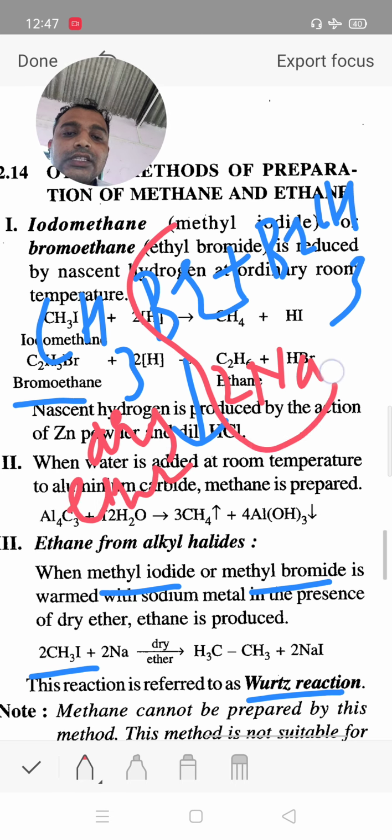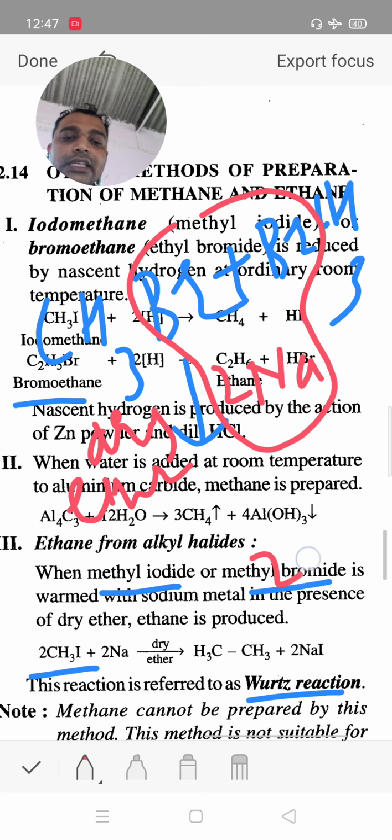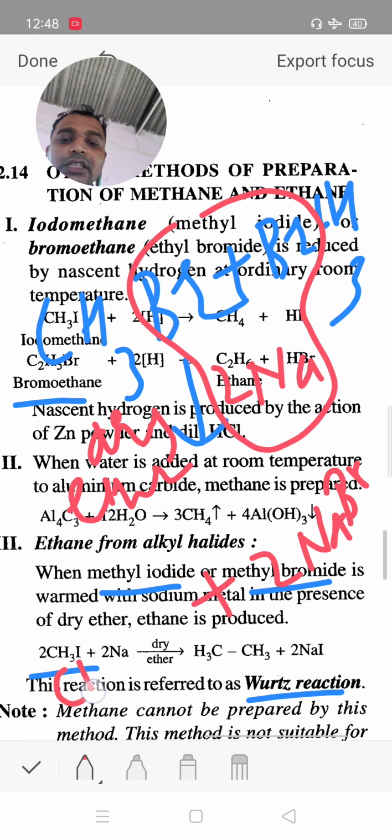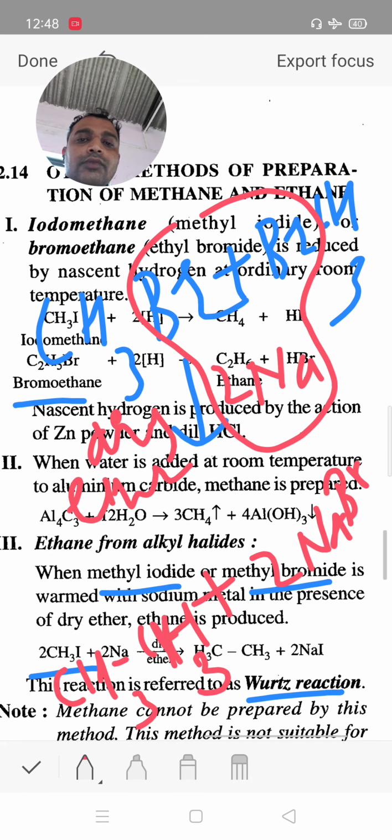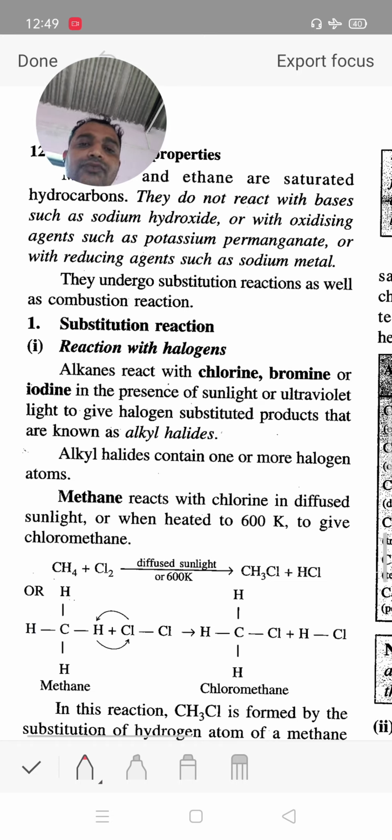In that, 2 NaBr is formed as a byproduct, and CH3 attaches with another CH3, forming ethane. Students, we discussed the preparation of methane and ethane.